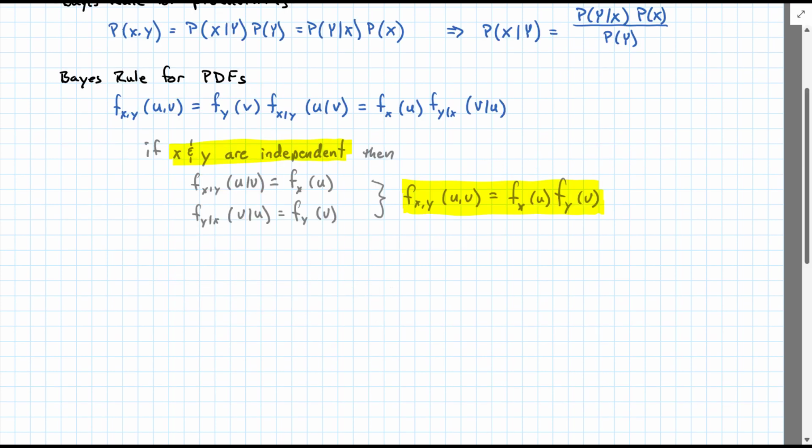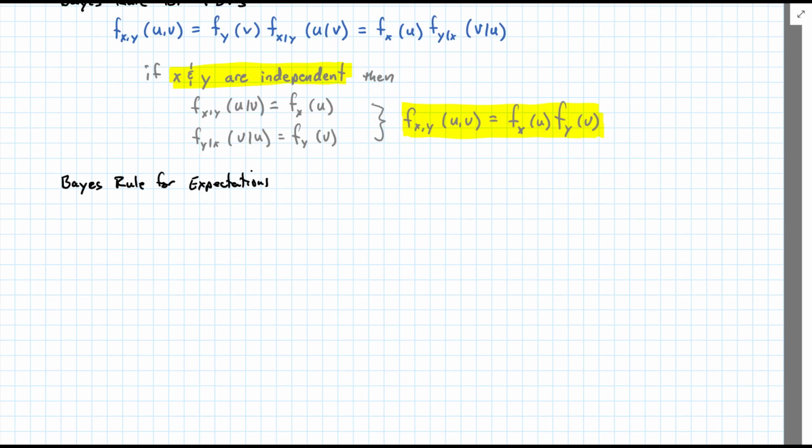Okay, now we can investigate what happens with expectations. We're going to start by finding the expectation with respect to the joint PDF of just x.